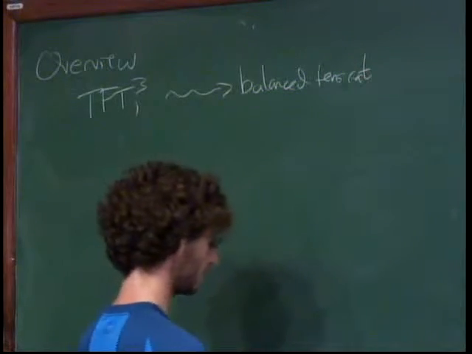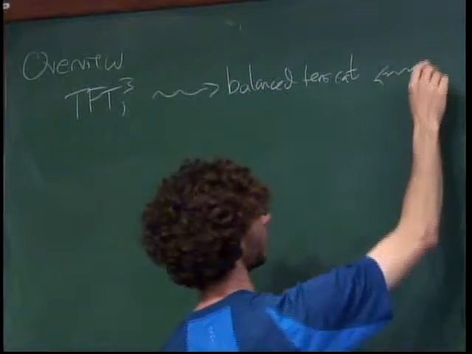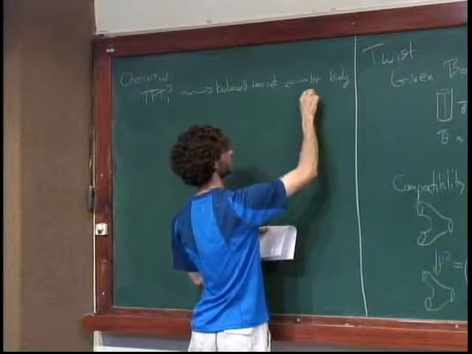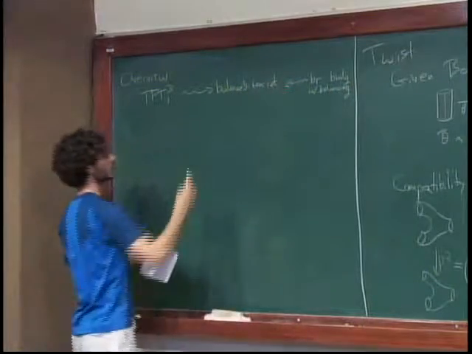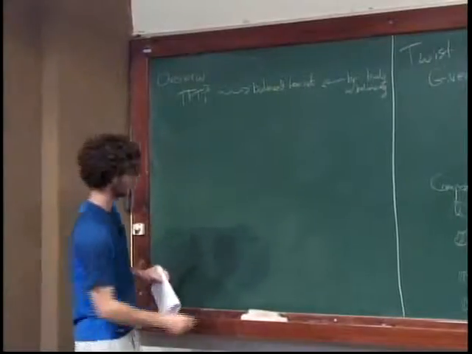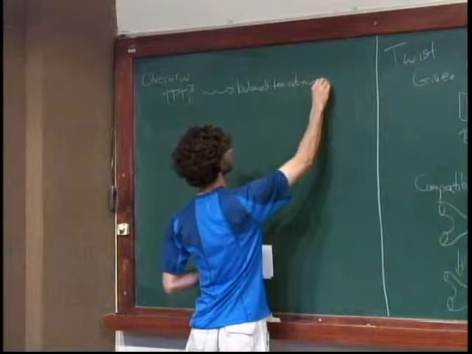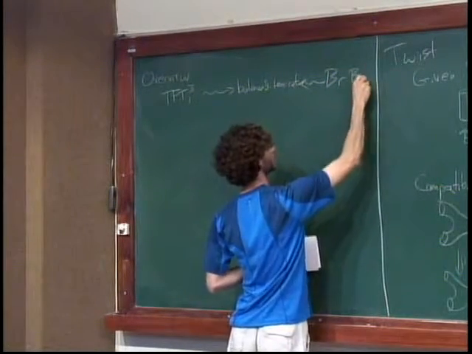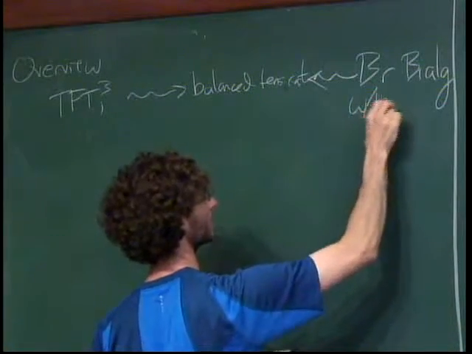And we've also seen that if we started with a braided bialgebra with a balancing element, then we could produce a balanced tensor category. I'm abbreviating so much, I'm not sure it matters, but anyway, braided bialgebra with balancing.